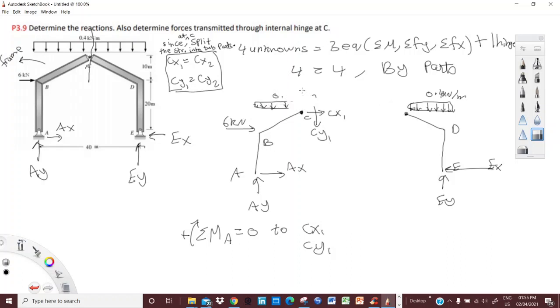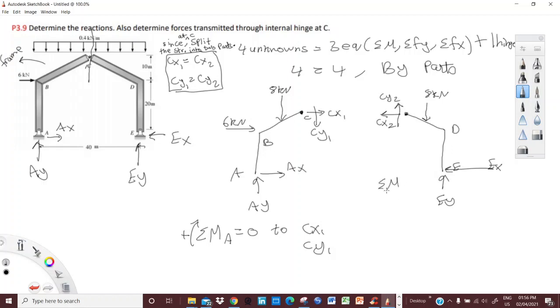Here you also have 0.4 times 20, which gives 8 kilonewton downward. So let's change the uniformly distributed load into a concentrated load. Also at C in a different direction you have Cx2, and upward is Cy2.